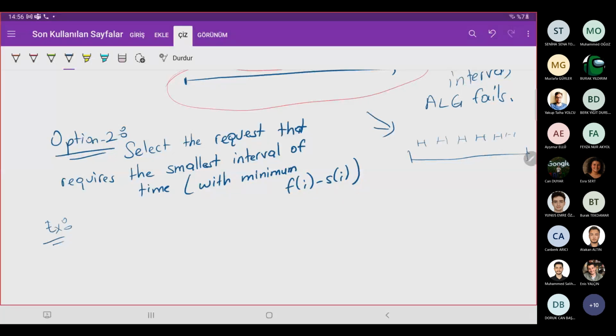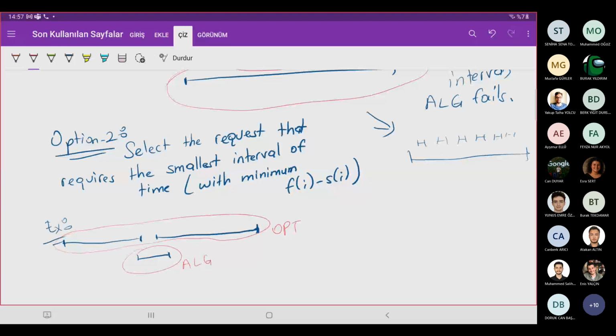For example, if my instance is like this, I have a small request and two very long requests, and these very long requests do not overlap with each other, but they overlap with the small request, then my algorithm would give me this. But the optimum solution would be this one, okay? Option 2 makes more sense than option 1, but still we are able to find a counterexample, an example where it doesn't give us the optimum solution, right?